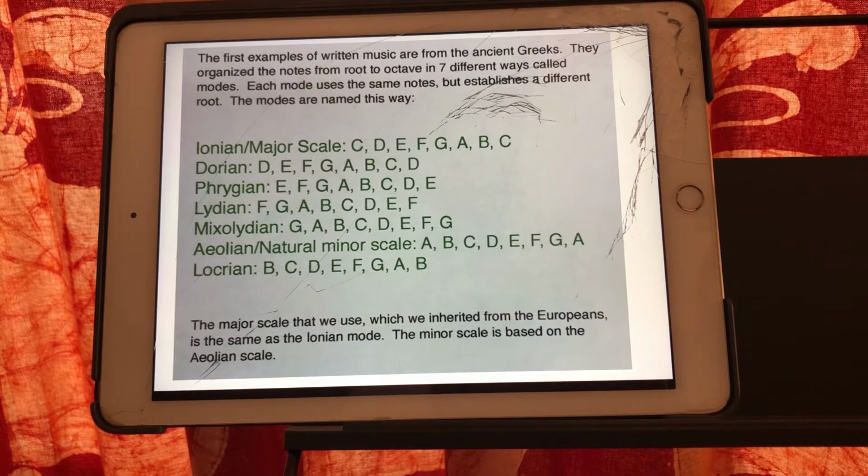All right, so let's listen to a couple of these. So here is the Ionian mode. Should sound familiar. Next is the Dorian mode, starting one note higher.